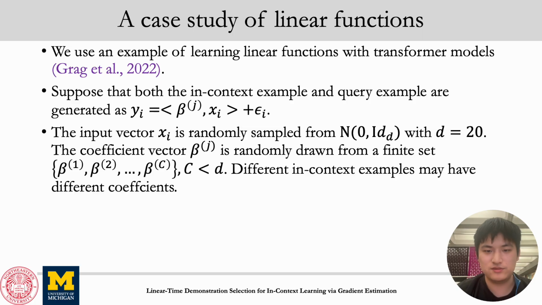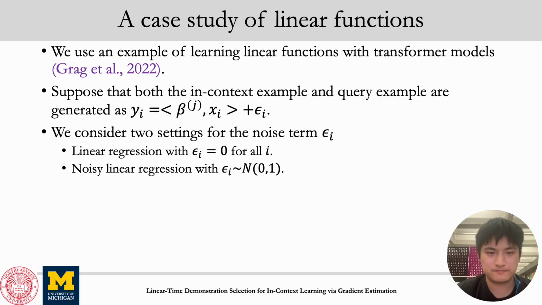Different in-context examples may have different coefficients. We consider two settings for the noise term: the first is linear regression with zero noise, and the other is noisy linear regression, where we add normal distribution noise as epsilon i.